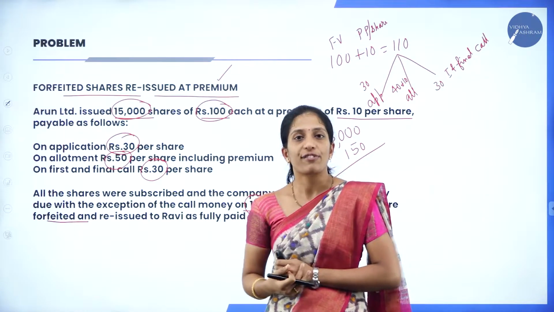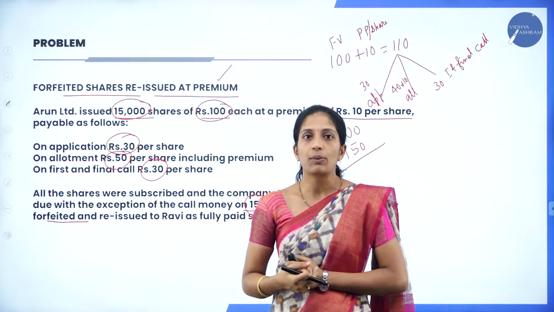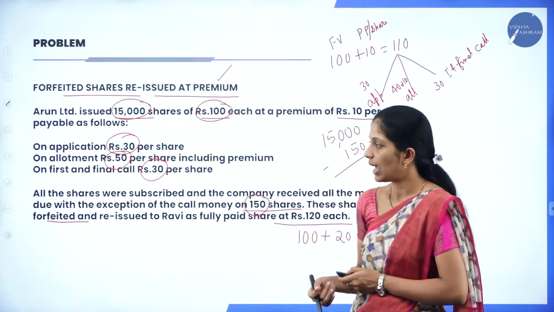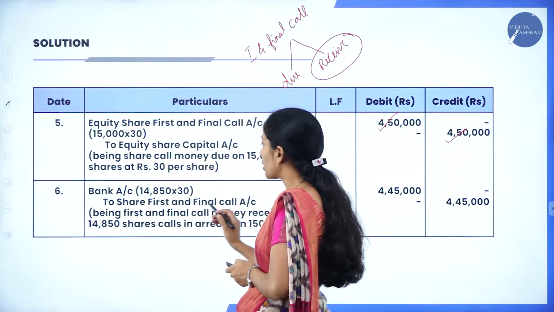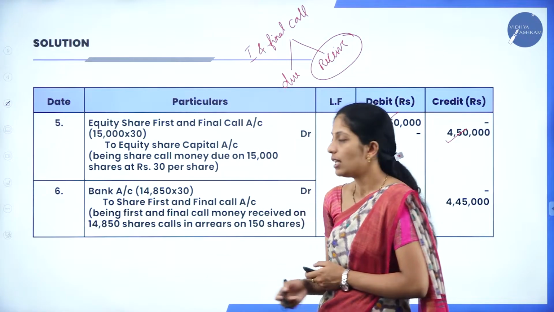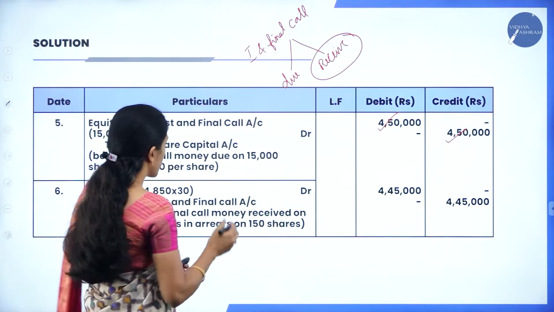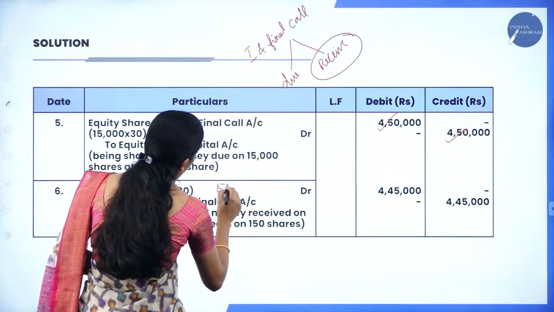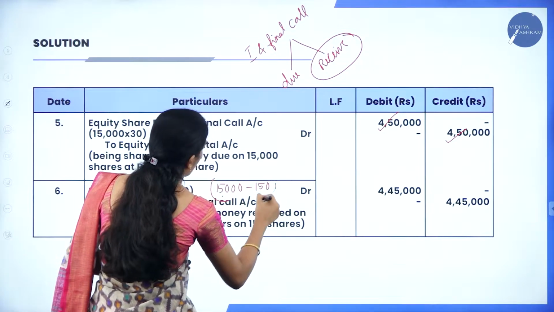Now, what is the entry for receiving first and final call money? Bank account debit to equity share first and final call account. Now, go through the journal entry. So, how can you calculate here? What is the total number of shareholders? 15,000, out of which 150 shareholders have not paid the money.